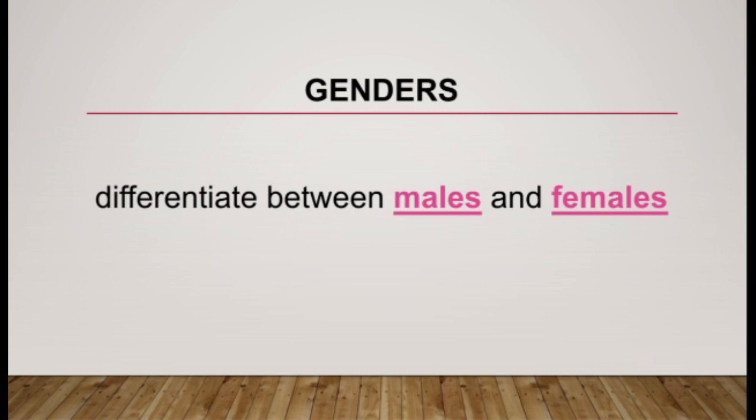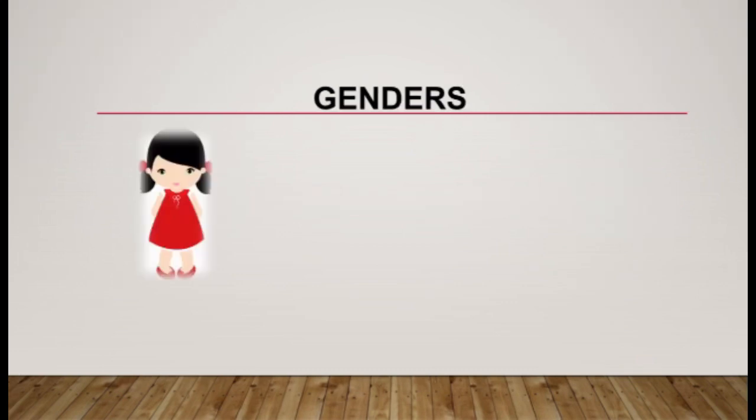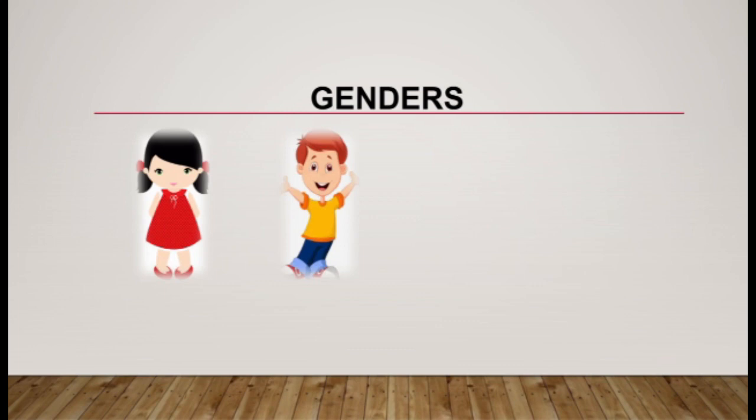Let's start. The first image is that of a girl. Can you guess if a girl is a male or a female? Yes, a girl is a female. Okay, the next image is that of a boy. And a boy is male. Who's next?